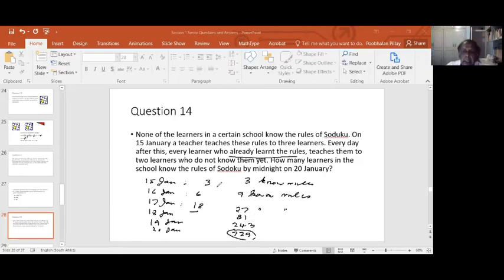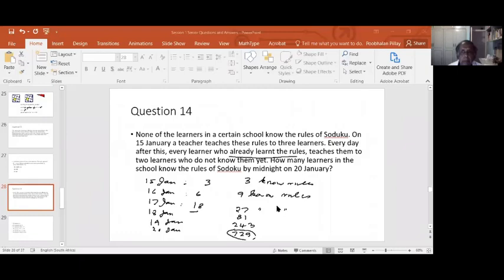So the idea is each day you look at what's given and try to find out how many know the rules on the 20th of January. Each day you find out how many know the rules, and you see a pattern coming up, and that leads to the solution, which is 729.